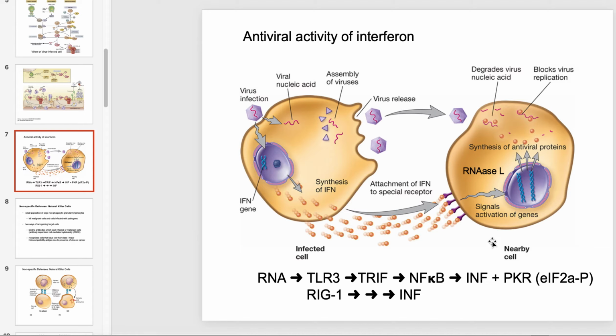And so again, it's really important to produce this warning signal in order to get this cell primed and ready to fight this virus. Because if the virus comes before this signal, then the virus will win. It's faster. But if the nearby cell has a head start on producing these activities, then it can meet the virus RNA with a little RNA degrading enzyme on the front end.